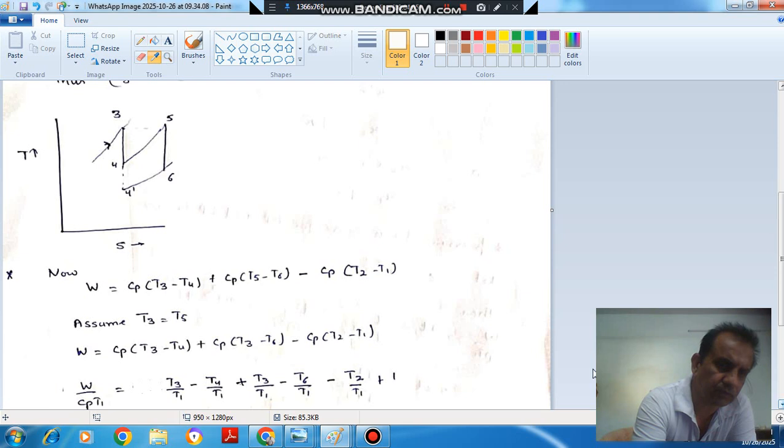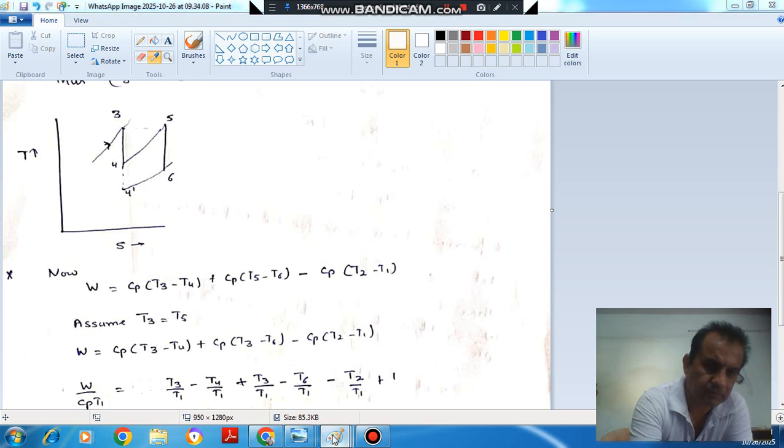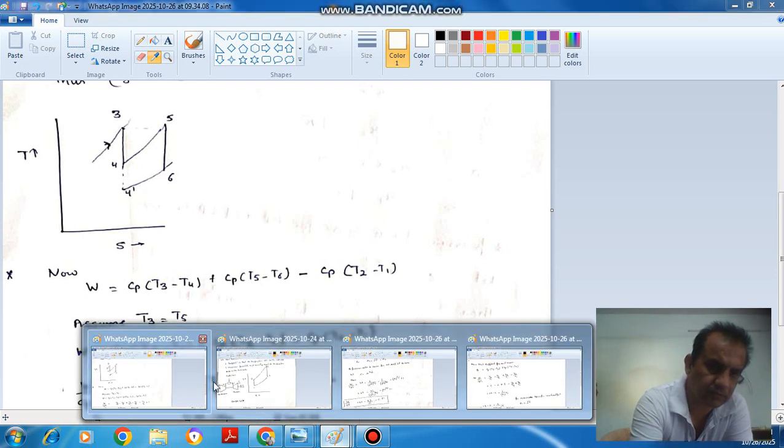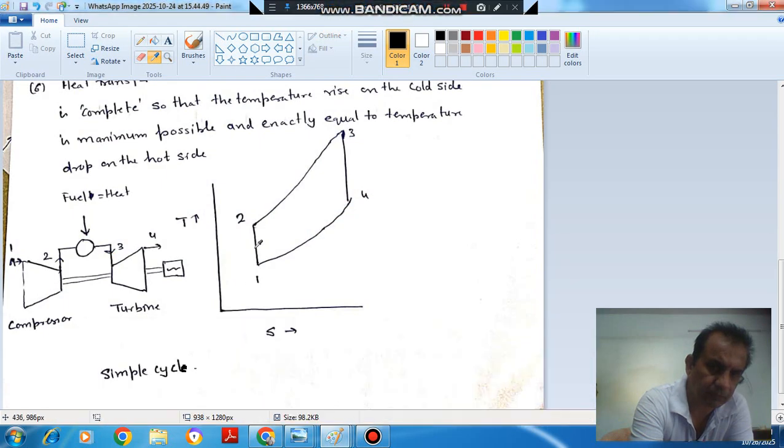So now the specific work output is, this is the work done by the high pressure turbine, this is the work done by the low pressure turbine, and this is the work required by the compressor. As you can see, we have to subtract this.